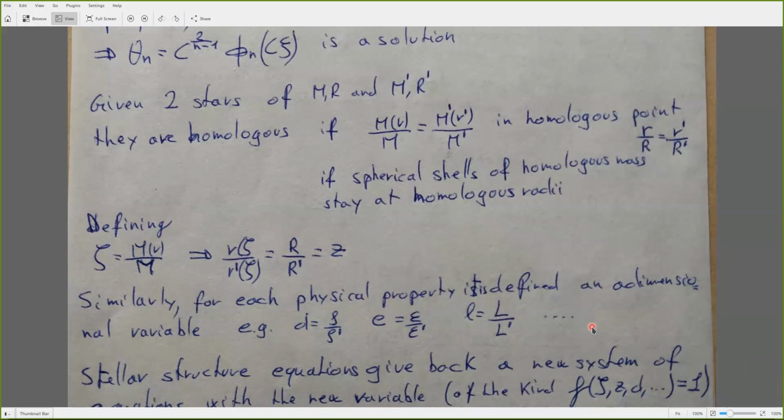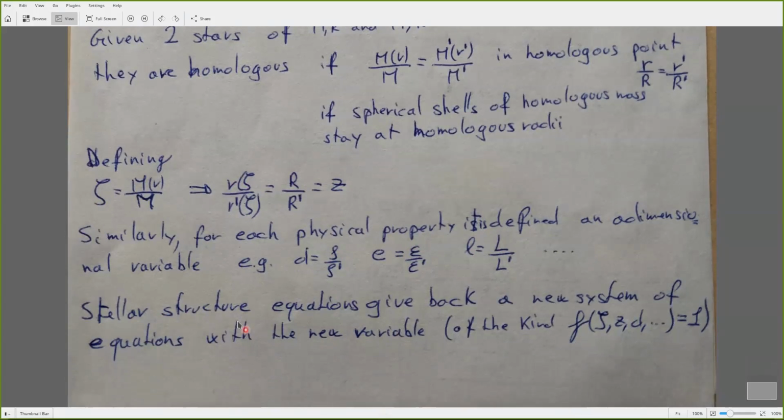And so, given one system, one star that is a solution, we can use it to have a solution for the other stars. This essentially gives us a new set of equations with a new variable, because we started with the stellar structure equations.